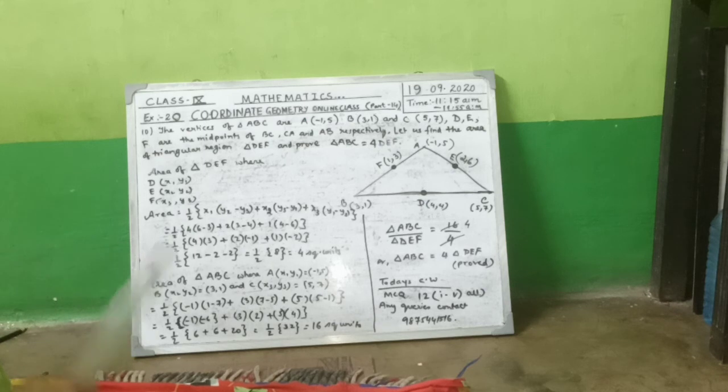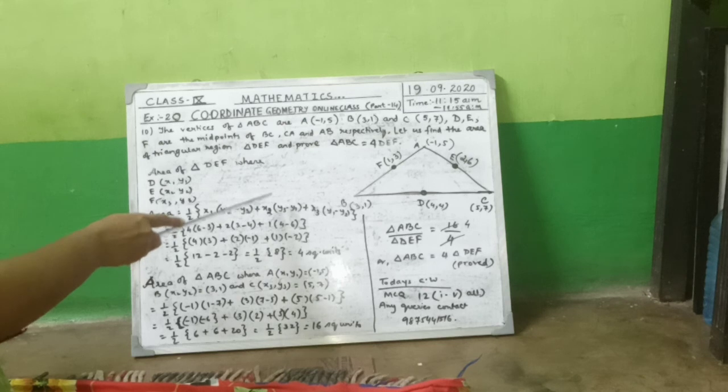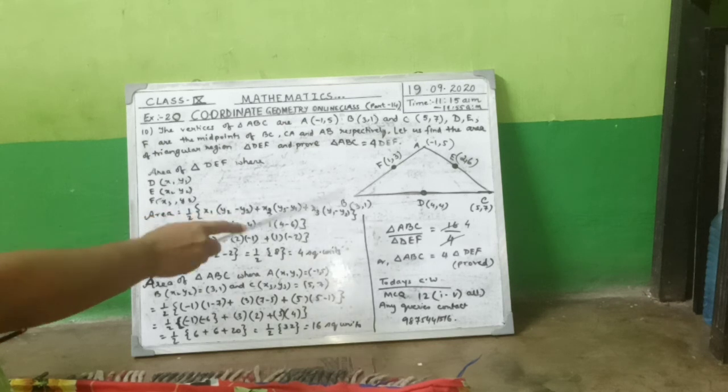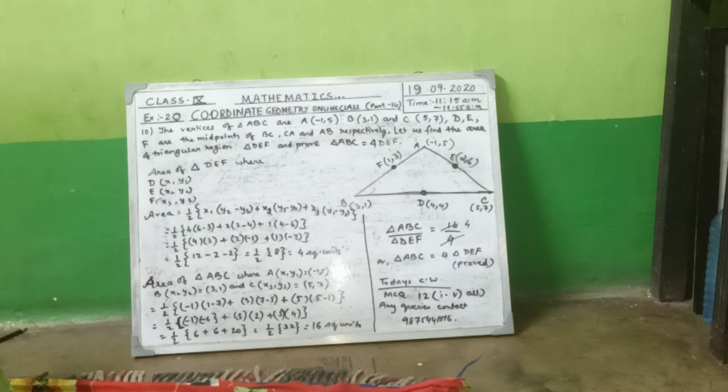The area of the triangle is half of x1 times (y2 minus y3) plus x2 times (y3 minus y1) plus x3 times (y1 minus y2). So just put the values. Half, 4 times (6 minus 3) plus 2 times (3 minus 4) plus 1 times (4 minus 6).